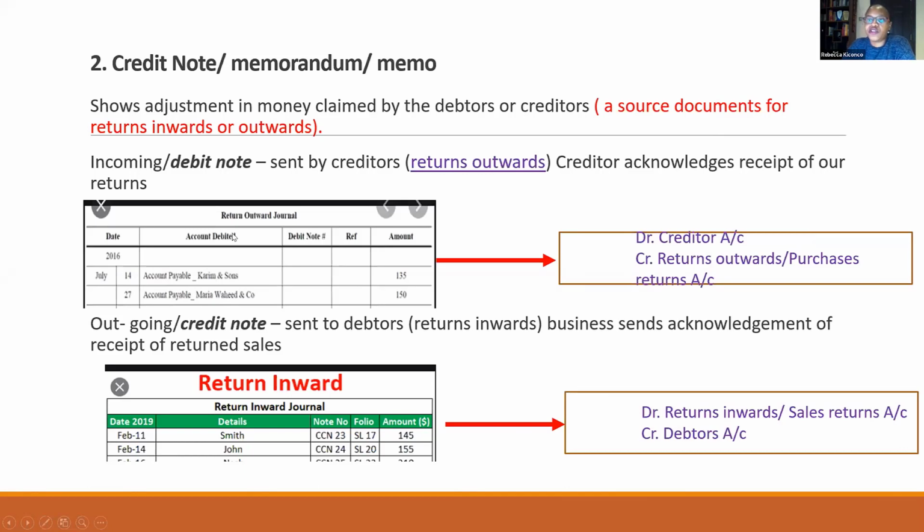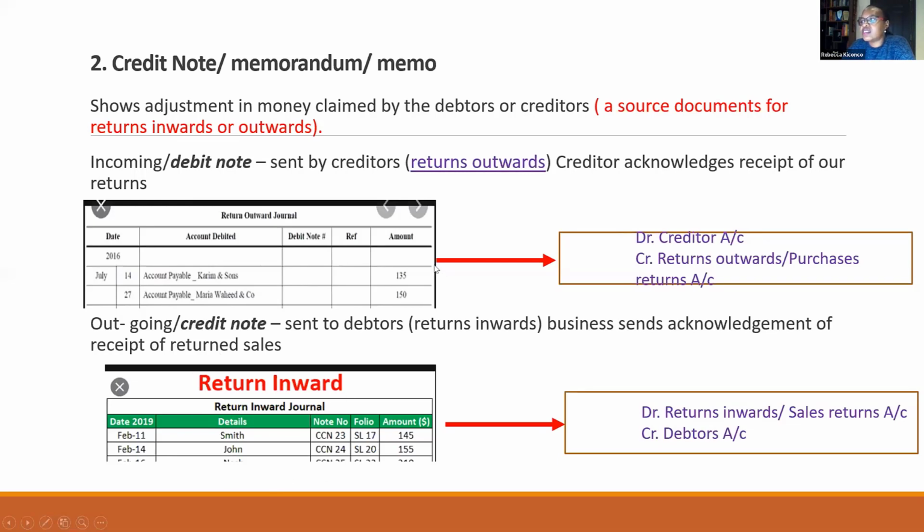Account payable or creditor called Maria, Wahid and Company is going to be debited by this amount. So that's what it means. These are the entries. This is the journal. This is where we journalize.